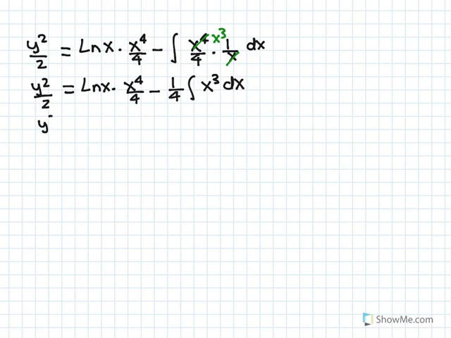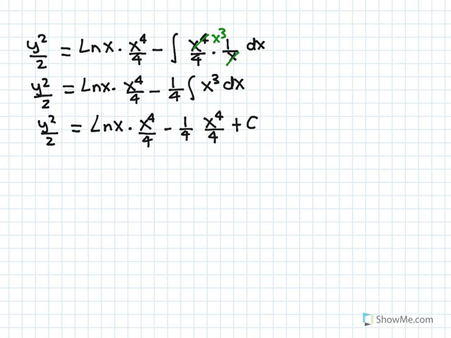So y squared over 2 on the left is equal to log x times x to the 4th over 4. Now reverse the power rule and we get x to the 4th divided by 4. Add 1 to the exponent and divide by the same. Plus constant of integration c.